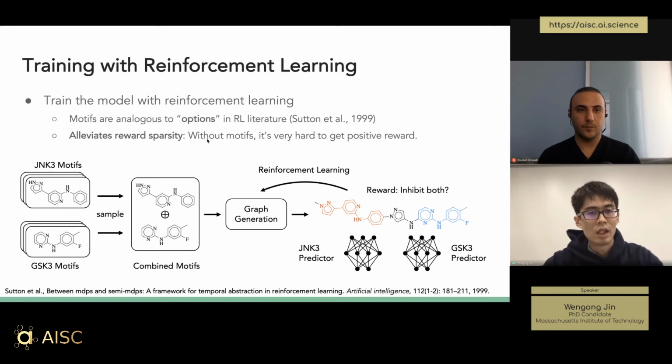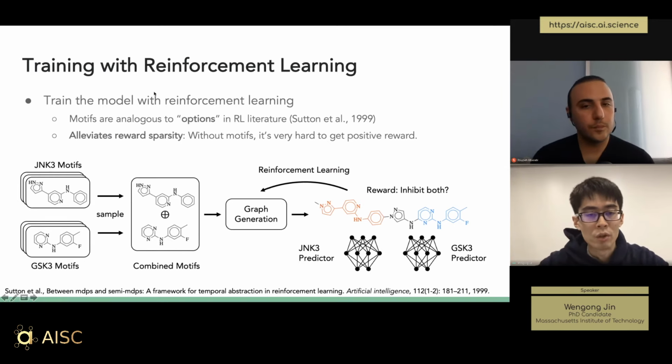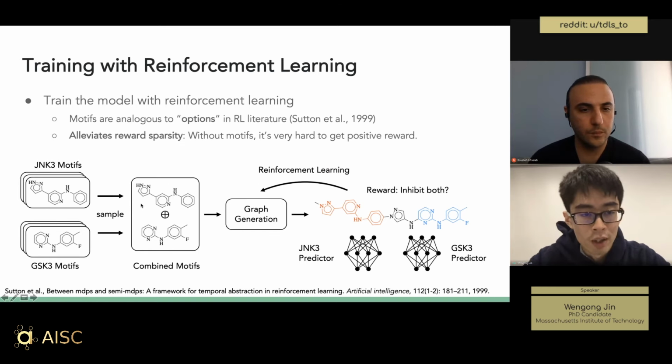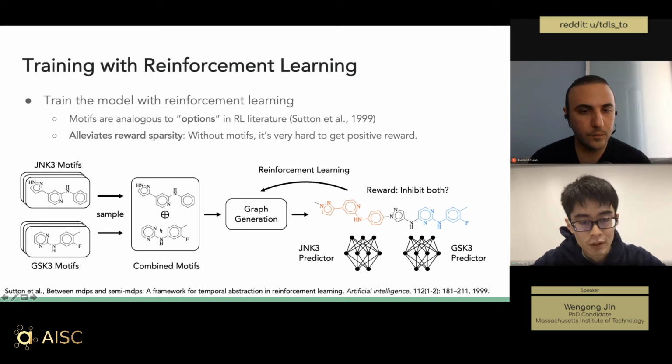To be more specific, the model will be trained with reinforcement learning. In order to generate molecules that are inhibitive to both targets, I will sample one motif from the motif vocabulary of JNK3 and one from the motif vocabulary of GSK3, combine them, and then complete them into a full molecule.